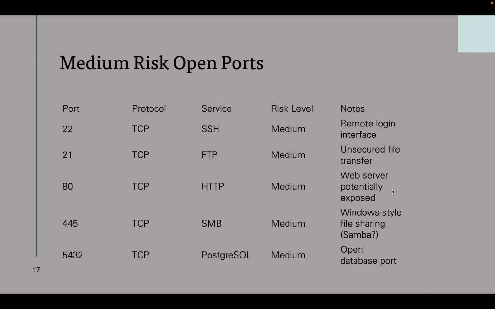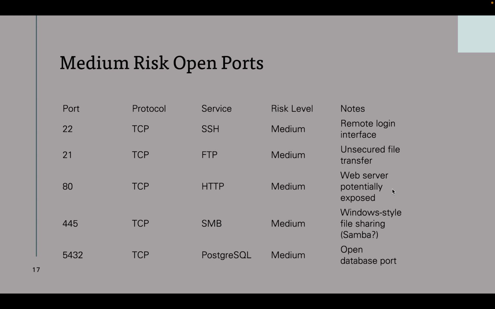Moving away from the high vulnerabilities, we're going to the medium vulnerabilities. So the medium risk open ports found on the Greenbone scan were port 22, and this could result in remote login interfaces.